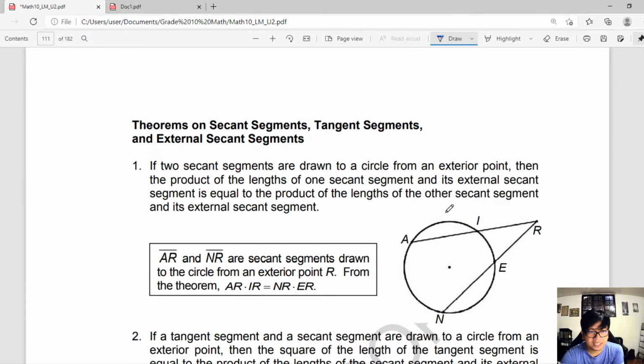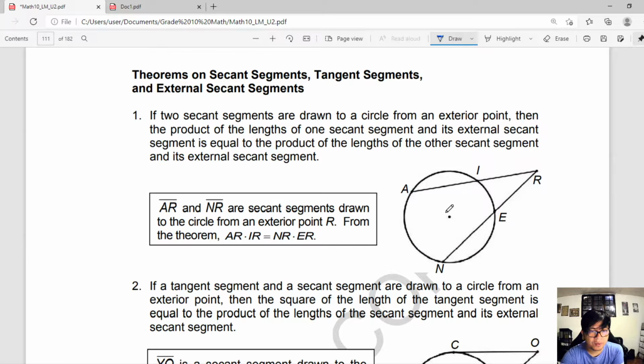Okay, let's move to the theorems on secant segments, tangent segments, and external secant segments. Number 1. If two secant segments are drawn to a circle from an exterior point, then the product of the lengths of one secant segment and its external secant segment is equal to the product of the lengths of the other secant segment and its external secant segment.